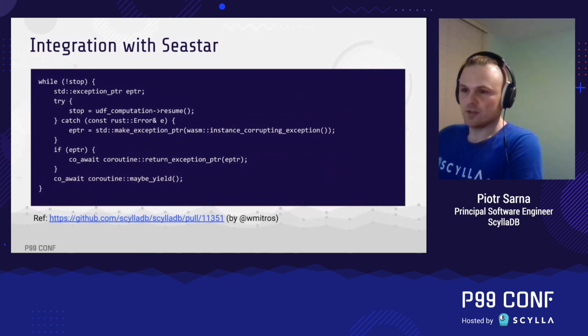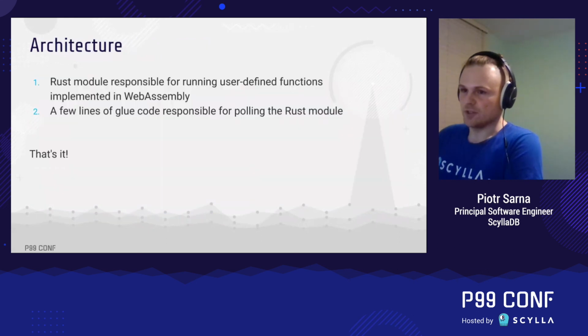Here, the Rust part is represented as the UDF computation variable, and the rest is just a little bit of boilerplate to run the future. This code is also not likely to cause reactor stalls because it periodically yields the execution and allows other background tasks to make progress as well.